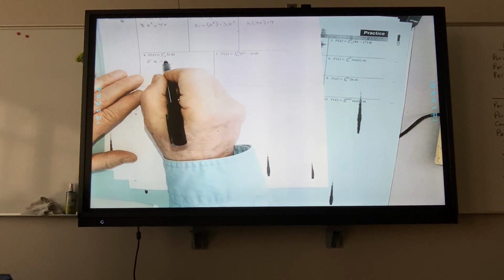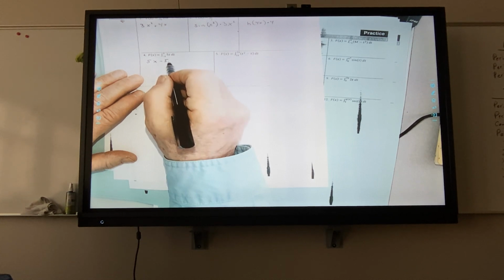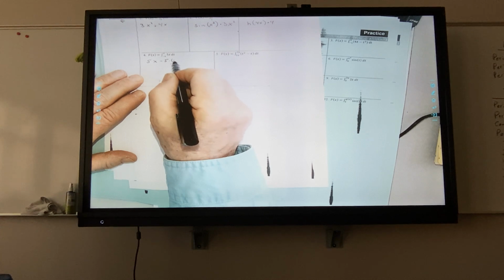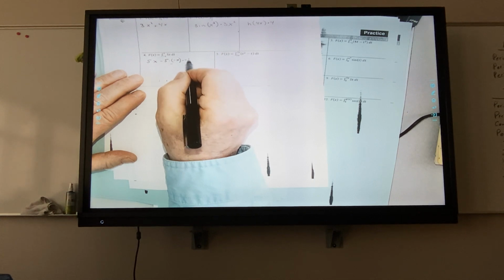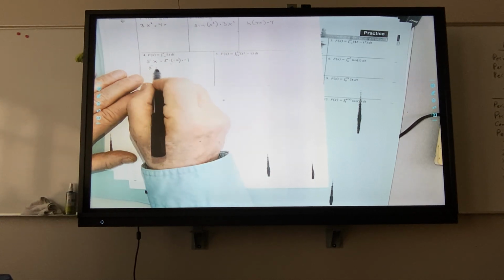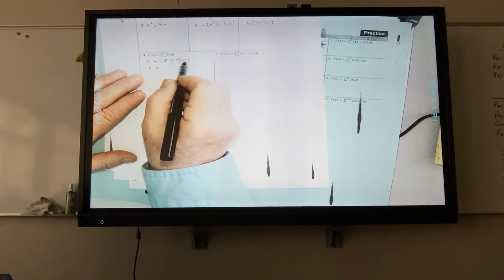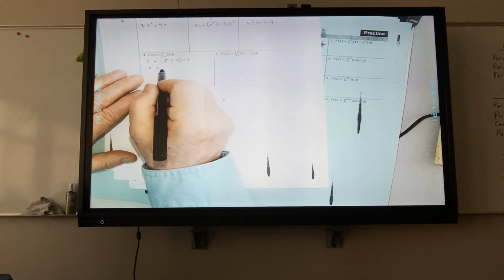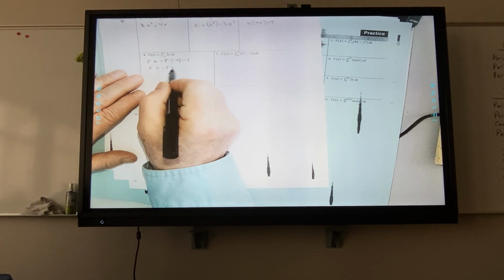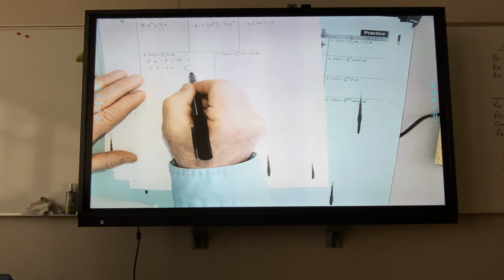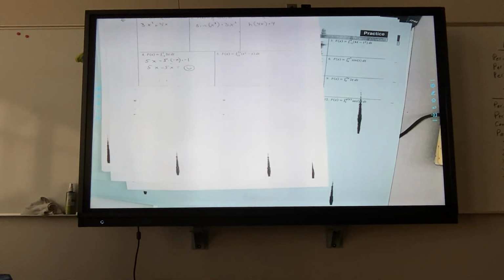Minus 5 times a negative x, but that's times a negative 1. So the answer is 0, correct? So I get 5x, negative, negative, negative, which makes it negative. What do you say the answer is? 0. I think I get this kind of stuff.